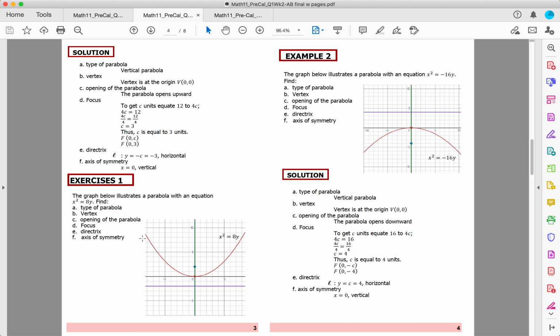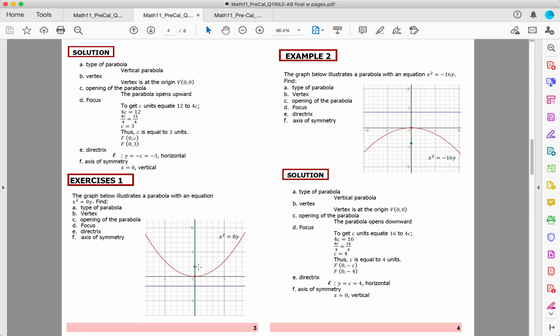Since the parabola is facing upward, the focus is above the vertex. Take note of that. Now, the directrix, on the other hand, is below the vertex. It's always below or behind the vertex. One property of the parabola is that the distance from the vertex to the focus is the same distance from the vertex to the directrix.